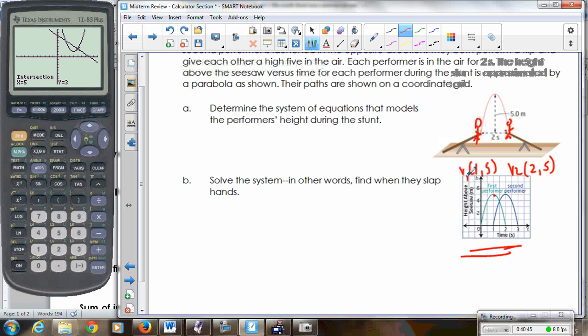And that makes sense that they're a second apart because they were launched a second apart. I do need to figure out the value of a for both of these performers. So let's just go ahead and look for the first performer. I know it would be y equals a times x minus h, which would be x minus 1. Oh, that's terrible. Let me see if I can make that a little nicer.